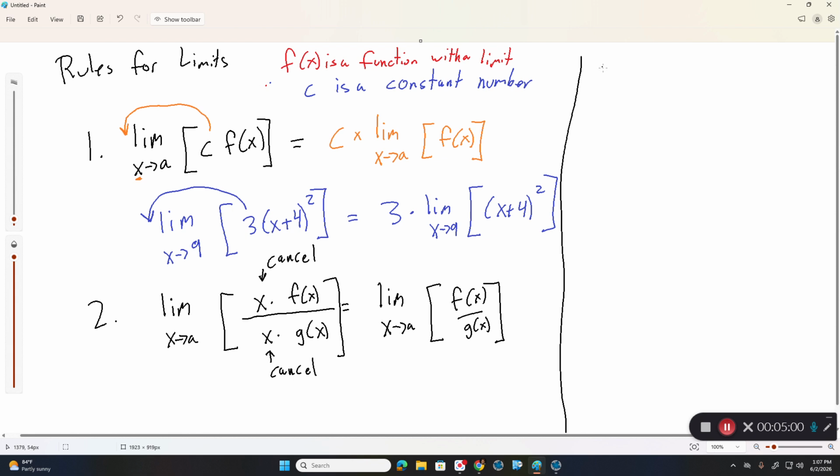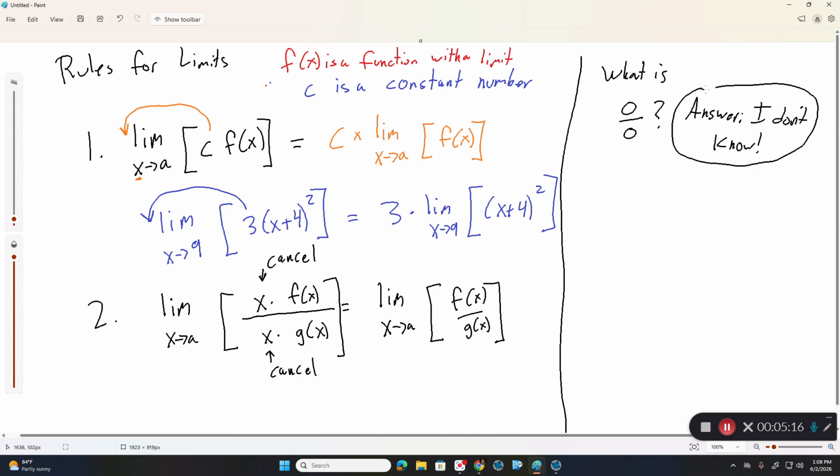So the question is, what is 0 divided by 0? Answer, I don't know. I don't know. And it's me being completely honest with you. There's lots of good answers. But I can tell you one thing with limits.